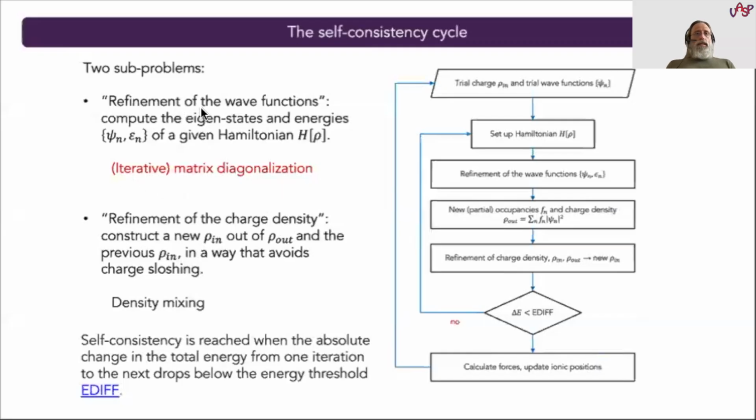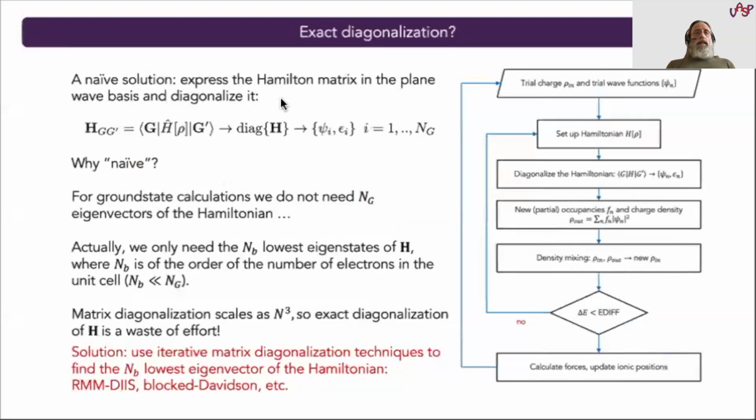The second part of the scheme is matrix diagonalization, so refinement of the wave functions. So let's take a step. A naive solution to this problem would be the following. One could express the Hamilton matrix in the plane wave basis and then simply diagonalize it.